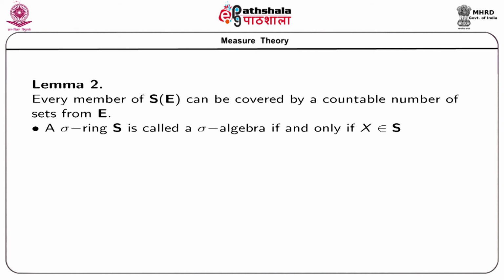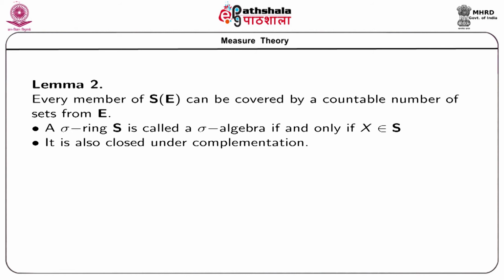A sigma ring S is called a sigma algebra if and only if the whole set X belongs to S, and of course, it means that it is closed under complementation. Now, recall that we have noted that if E is countable, then R E is also countable.